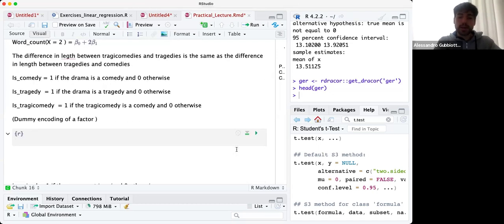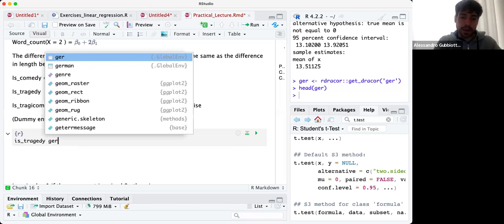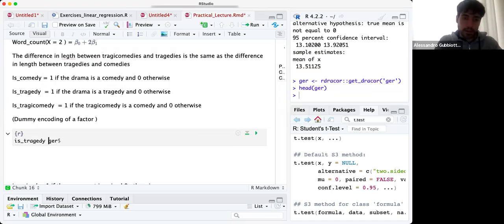And we can actually define it. So we can define the column is tragedy by taking the German drama corpus and taking the column normalized genre and say when it is equal to a tragedy, the play.